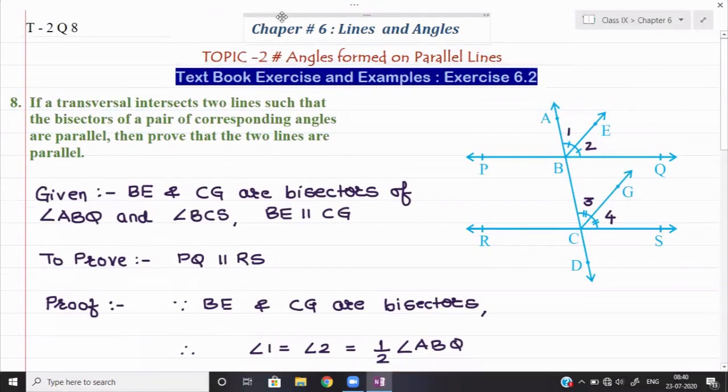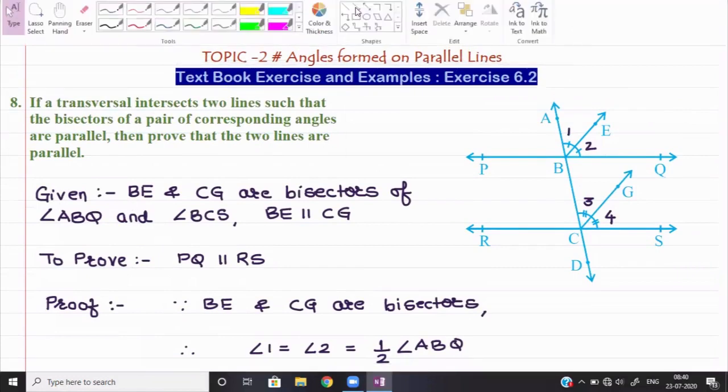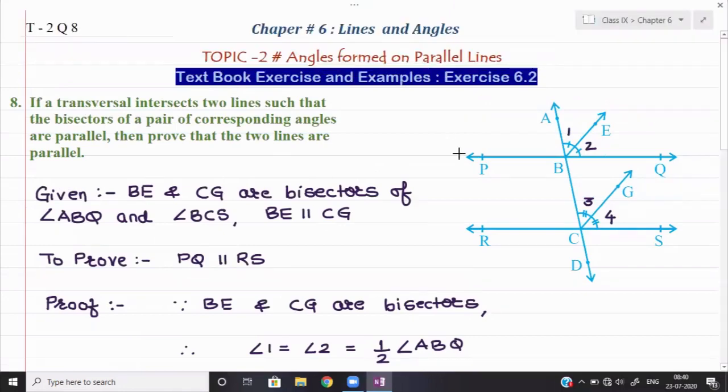Suppose I extend the line BE up to some length, like this, and again I draw one more line the same way from point C and extend it. Now look only at the lines BE and CG which I have extended, and look at AD as a transversal.